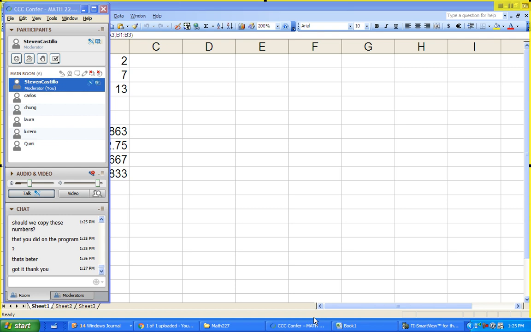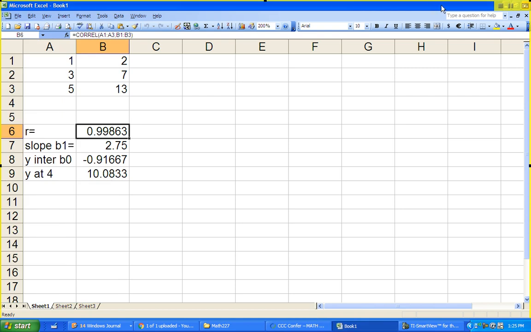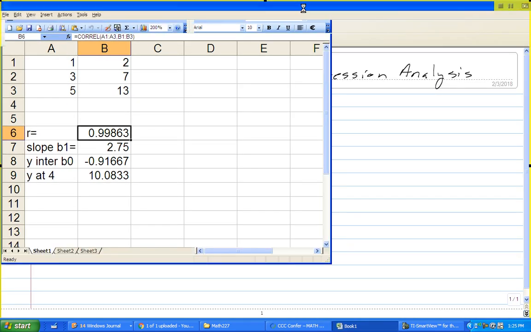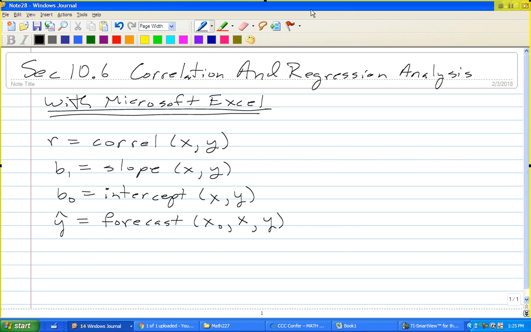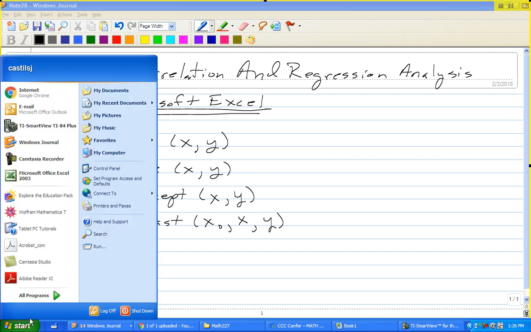Got it. Good. So that finishes off section 10.6. Oh, this is just too easy.